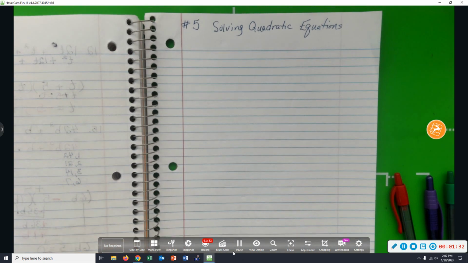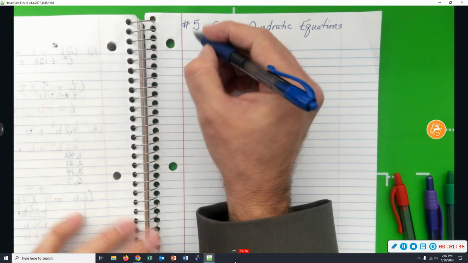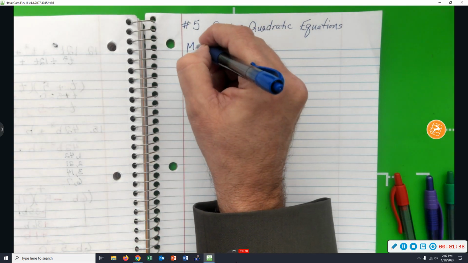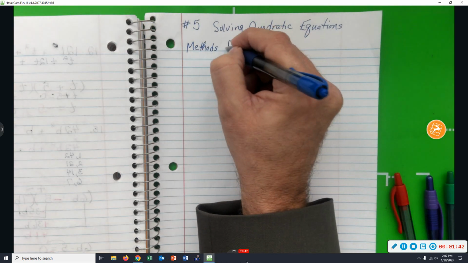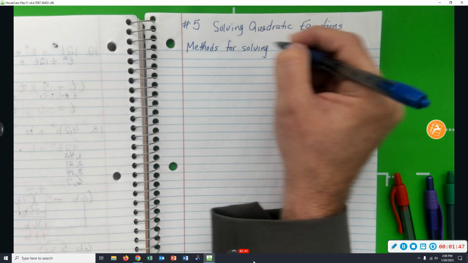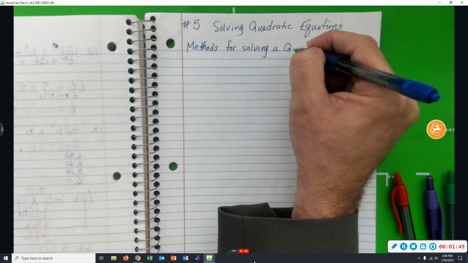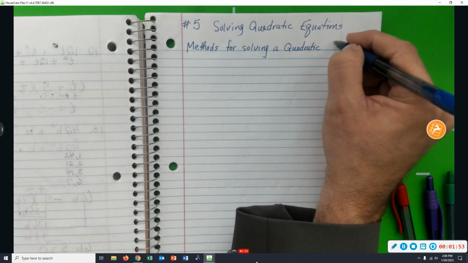And so today there's several methods for solving a quadratic equation. We're going to discuss two methods for solving a quadratic. Now, quadratic means there's an x squared in it.